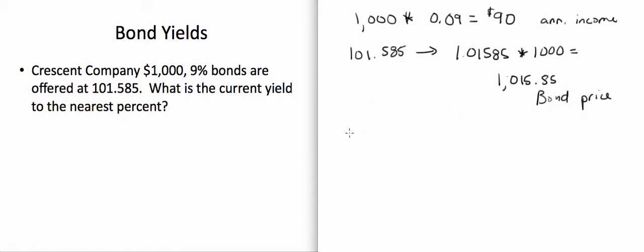So then to find the current yield, we take the annual income, so 90, and we divide it by $1,015.85, and when we get that answer we get 0.0885, which we then write as 8.9%.